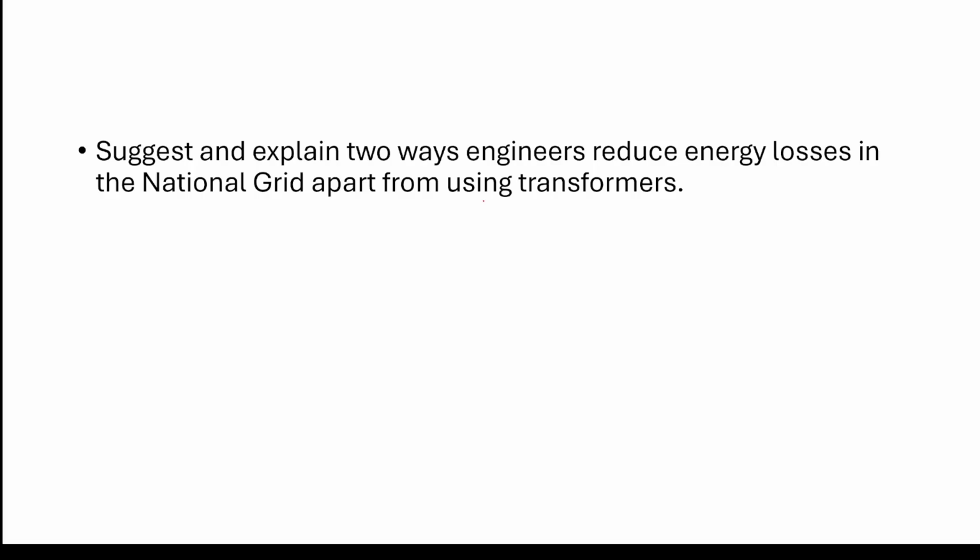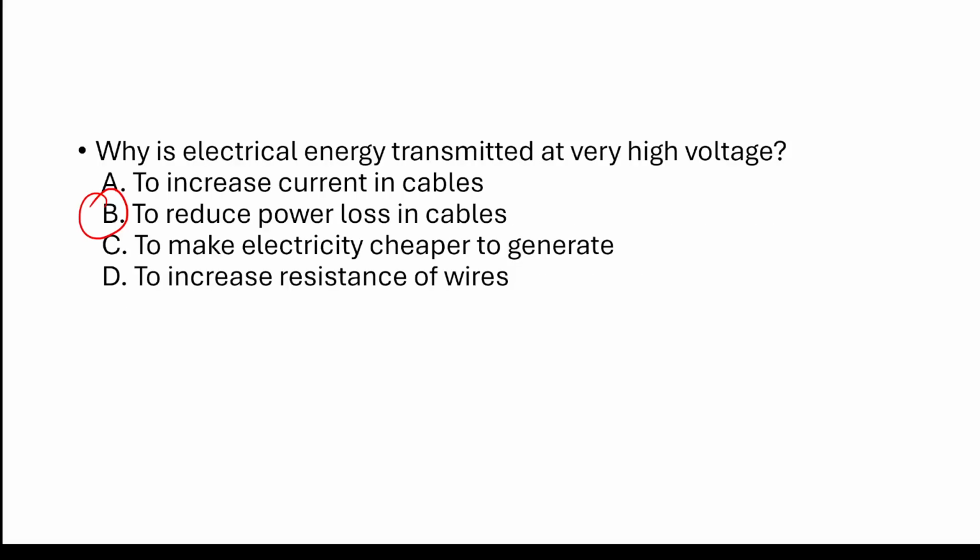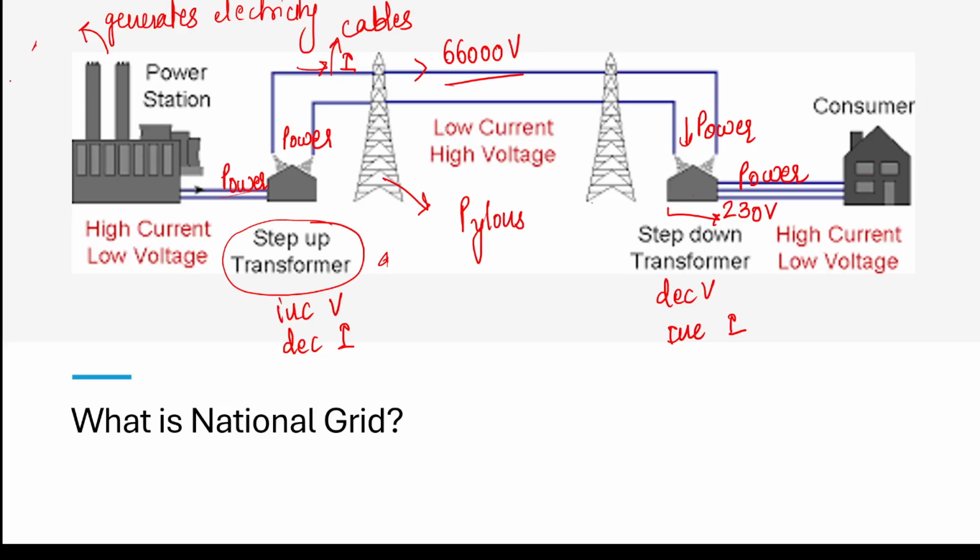Suggest and explain 2 ways engineers reduce energy losses in the national grid apart from using transformers. What is the cause of energy loss? The cause of energy loss is the heat produced in the cables. So this is I squared R losses.